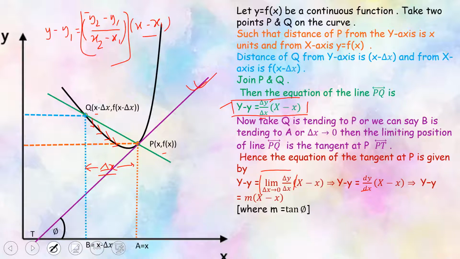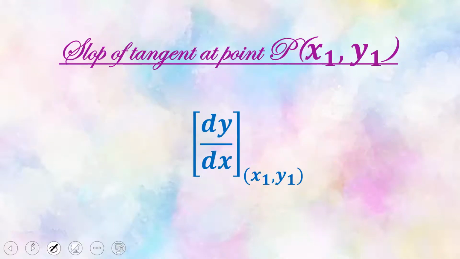And what is dy/dx? It is the slope of the tangent. So I can represent it by m, where m is tan phi, since here I am taking this angle as phi. Now the slope of the tangent at a point (x1, y1) is given by the derivative of y with respect to x at the point (x1, y1).